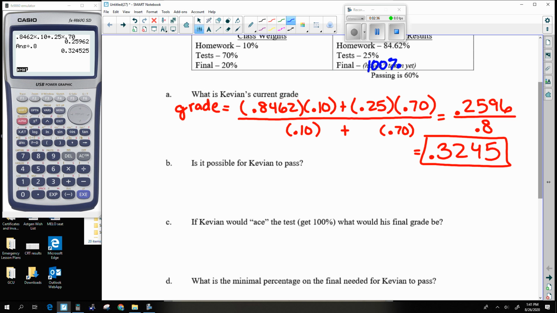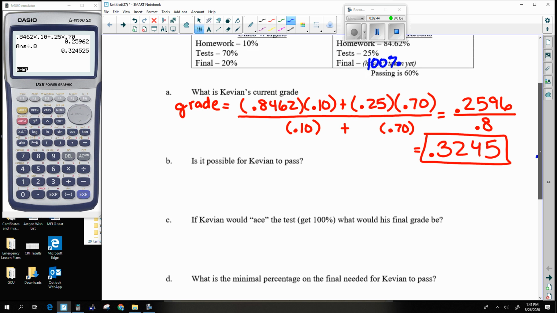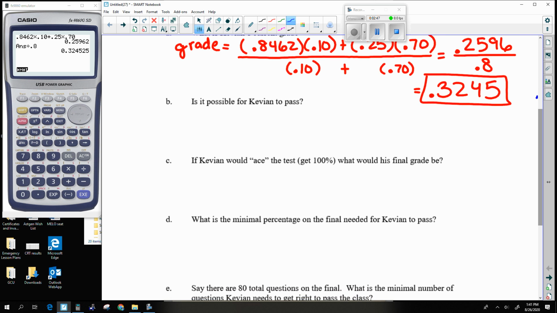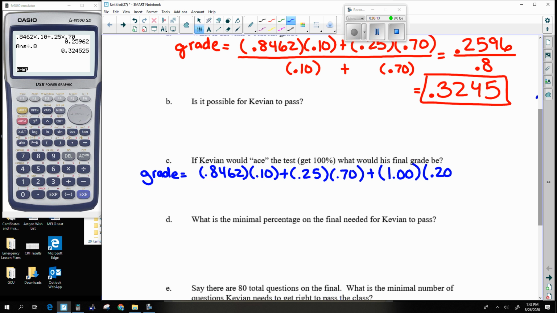So we are going to do the exact same thing that we did in question A. However, we're adding one more category of a 100% final that is worth 20% of his grade. So his grade this time, we have the homework worth 10%, the tests, and the final. And so he's going to get a 100%, and the weight of that final is 20% of his grade.